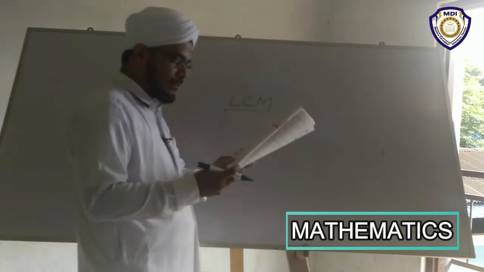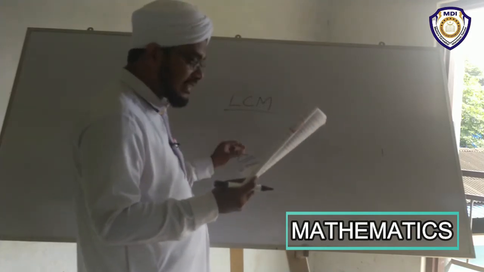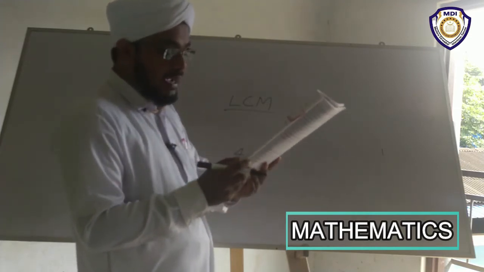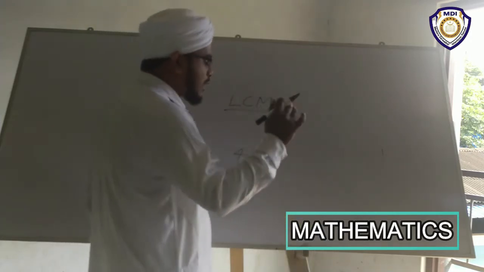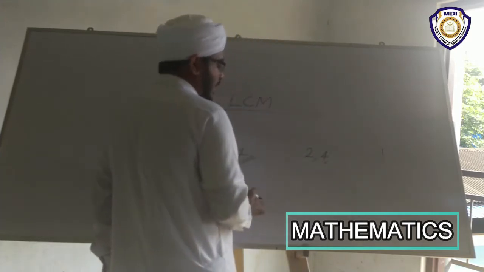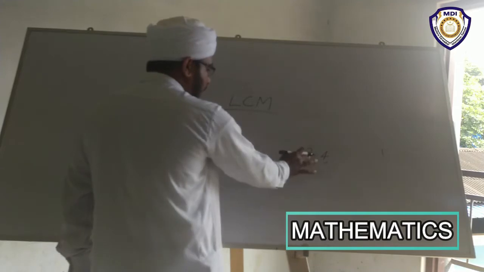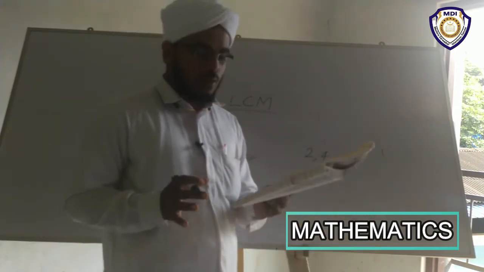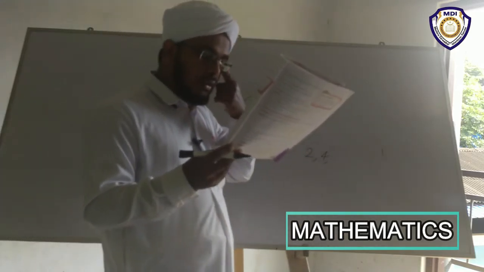Given numbers here are 2 and 4. 2 can be divided by 4? No, 4 can be divided by 2, and 4 can be divided by 4. That is the LCM, the smallest number which is divisible by each one of the given numbers.